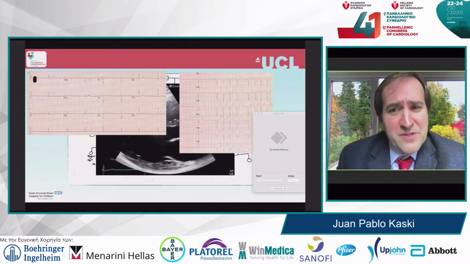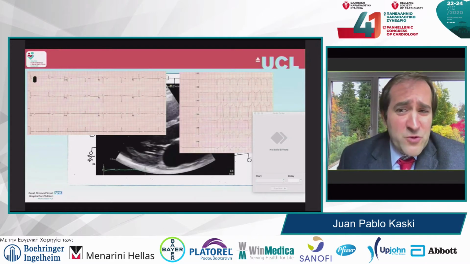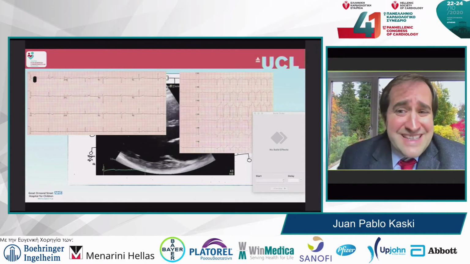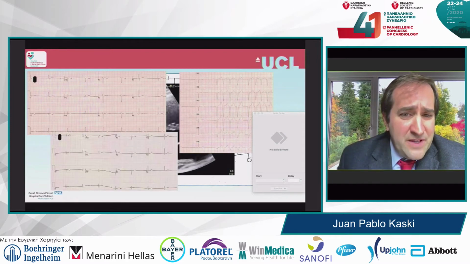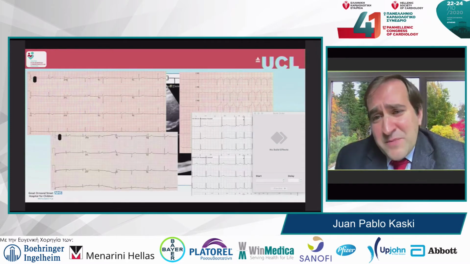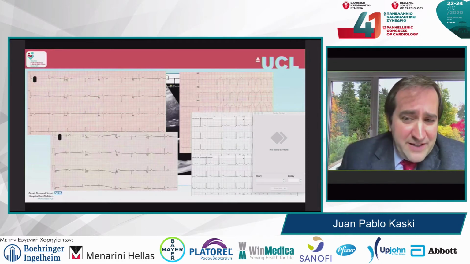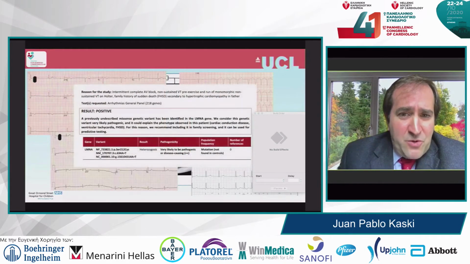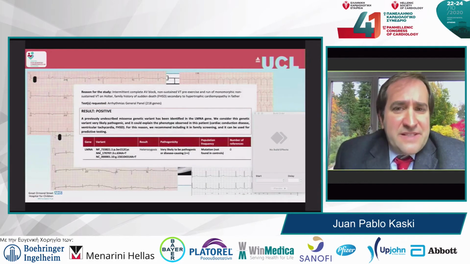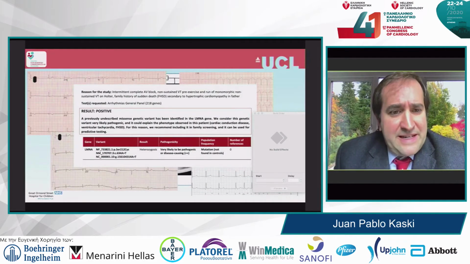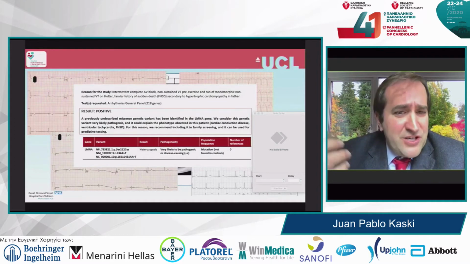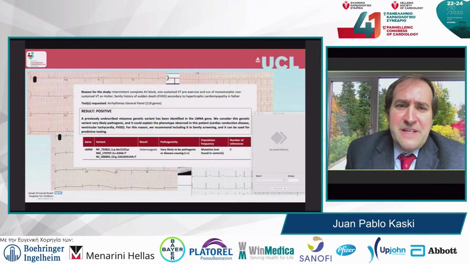This is what happens when she gets on the treadmill. Even before she starts, she develops this sustained ventricular arrhythmia. And on 24-hour tapes, we see short runs of atrial tachycardia. So this girl has a phenotype, but it's not the phenotype of hypertrophic cardiomyopathy. We performed genetic testing and identified a pathogenic lamin variant, which explains her phenotype. But how does this fit with the rest of the family?